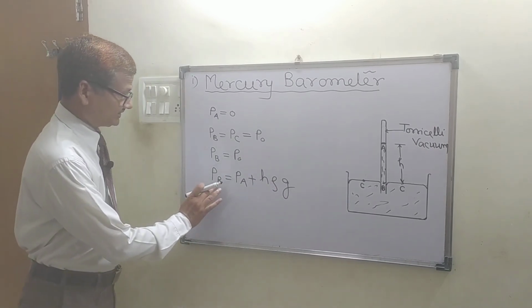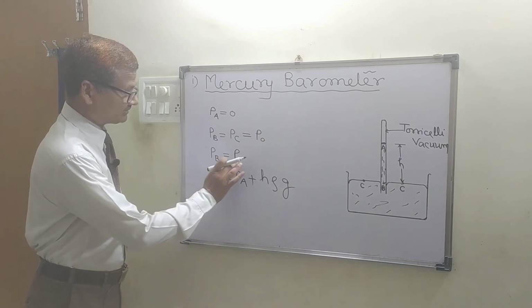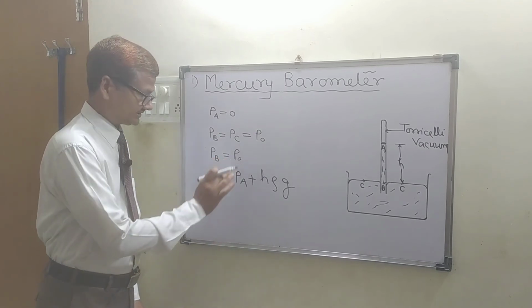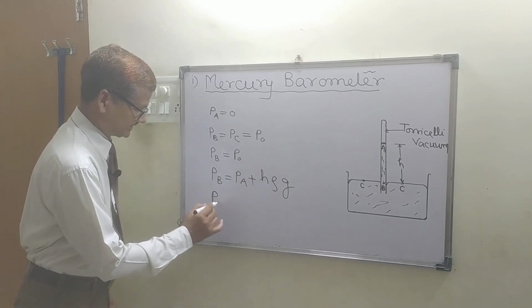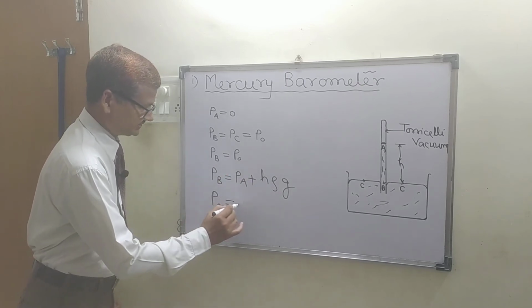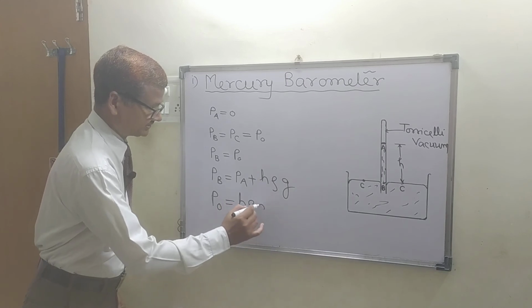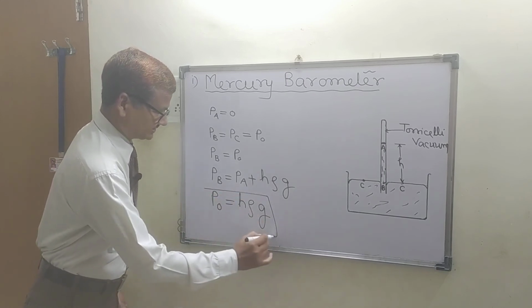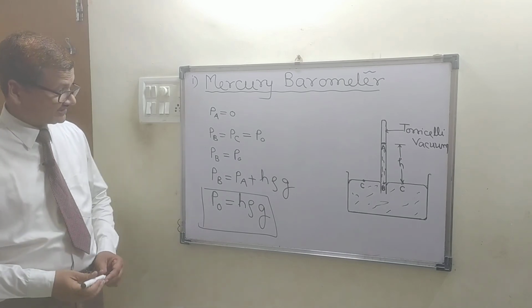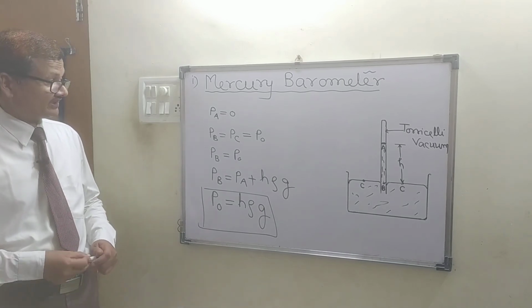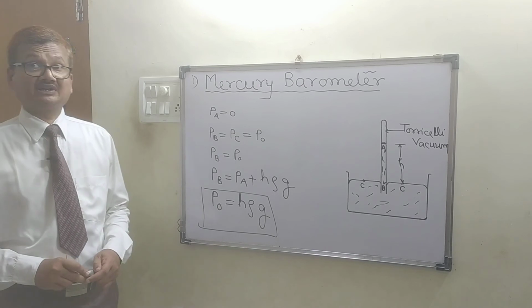PB is equal to P0, the atmospheric pressure, and PA is equal to 0. Therefore P0 is equal to h rho g. By using this formula we can measure the atmospheric pressure with the mercury barometer.